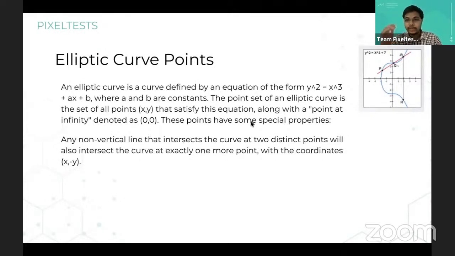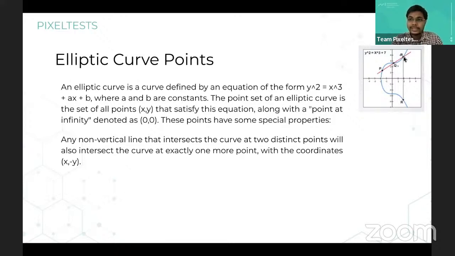So this particular equation provides us a few security features, and how do we use this for securing our algorithms? We'll understand that also. Any non-vertical line that intersects the curve at two distinct points will also intersect at exactly one more point, with the coordinates x comma minus y.